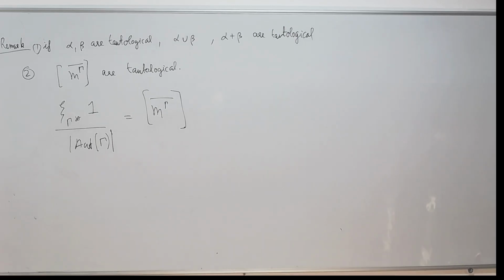Okay, but it's a nice definition, right? But it's somehow pretty useless. If I give you a cohomology class on M_{g,n} bar, you don't really have a way of saying if it's tautological or not.